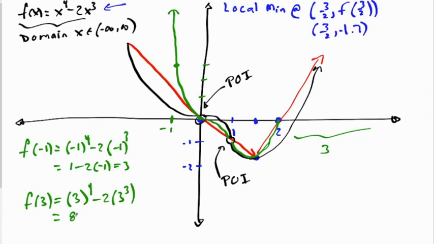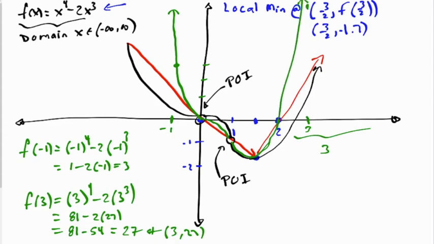So this gives us 81 minus 2 times 27. So from here we have a point (3, 27). So if I put a point for 3, I know that it's going to be really high up there, so I expect the graph to really go straight up.